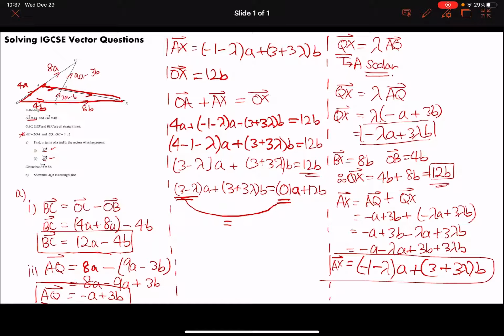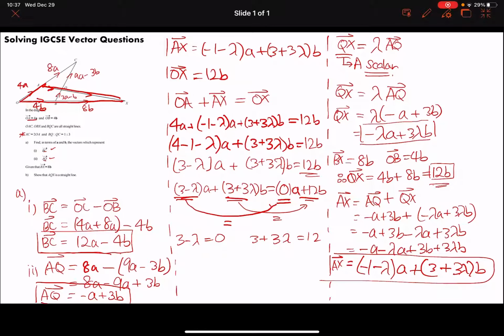The coefficient of the same variable on each side is always equal. More algebraically, this is 3 minus this equals 0, and 3 plus 3 times this equals 12.